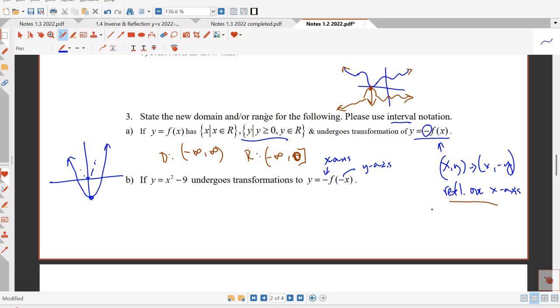And you could graph it on your calculator if you're unsure what that looks like. But if I take this point, let's say this point here, I know this point is actually 1, negative 8, and if I take it and I reflect it over the y-axis, it goes to here, negative 1, negative 8, which are both negative 8. And so this just goes to itself.